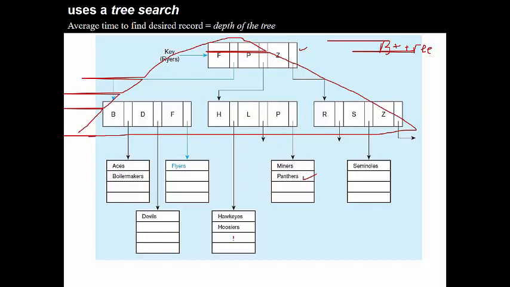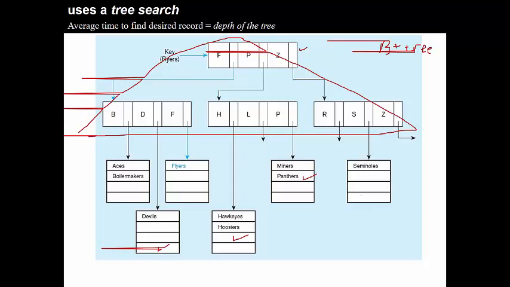If you go anywhere else here, that is also the same thing. 1 here, 2 here, and 3. Anywhere here, 1 here, come back here, 2 and 3. Whichever your data is, the retrieval time is always the same. That is the B plus tree structure.